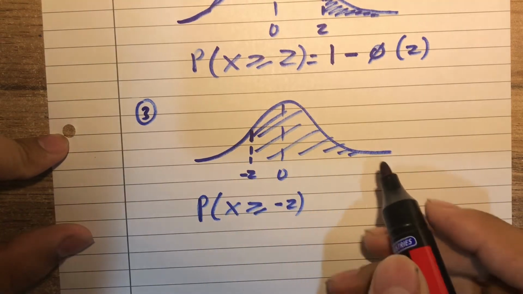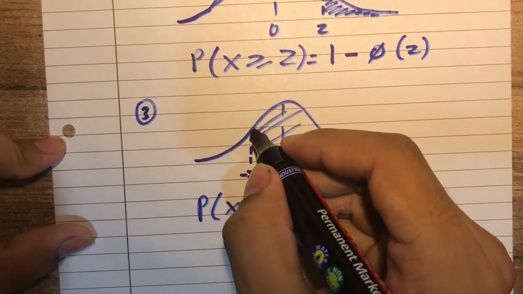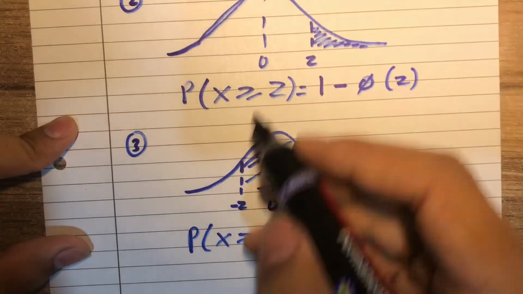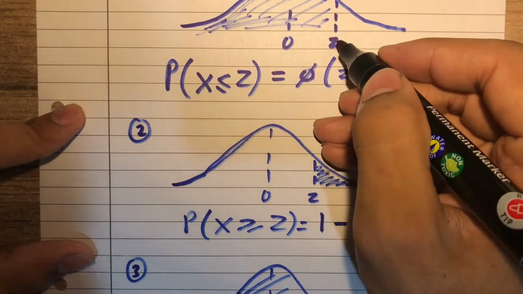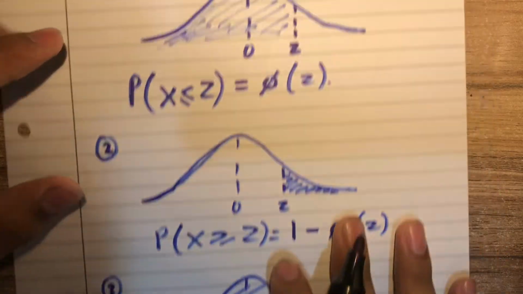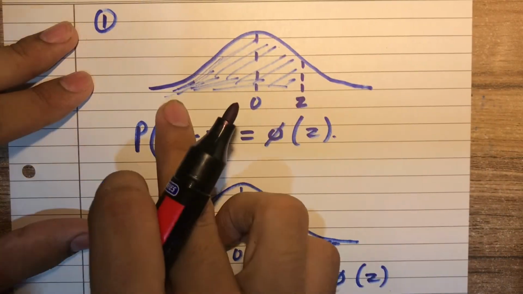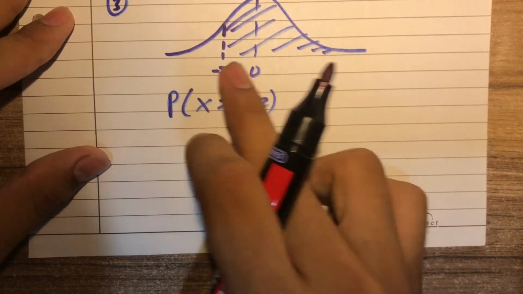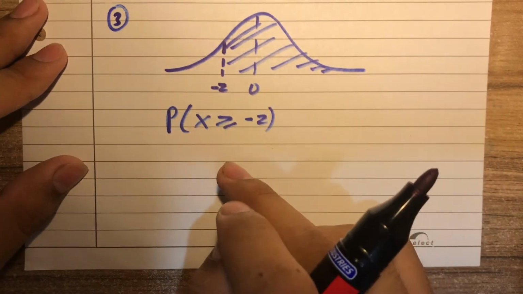But the normal distribution graph is symmetric, right? So if this z and this z are equal in magnitude, then this area that is before z will be equal to this area that is after negative z, because it's symmetric, right?